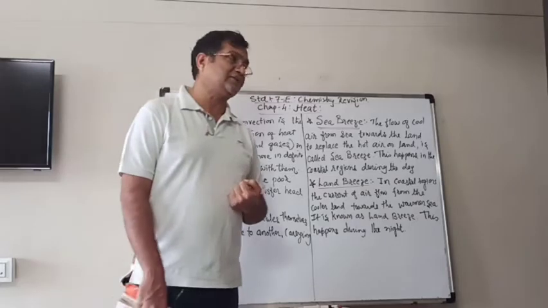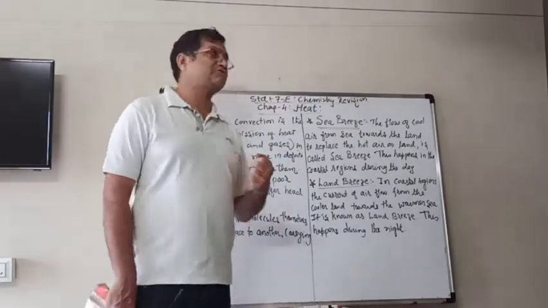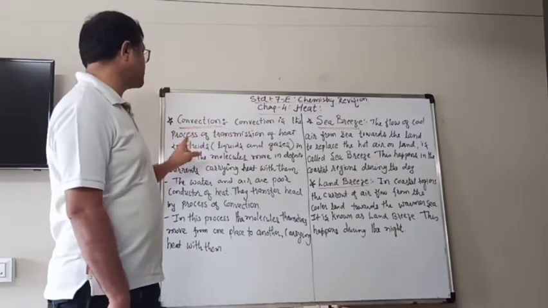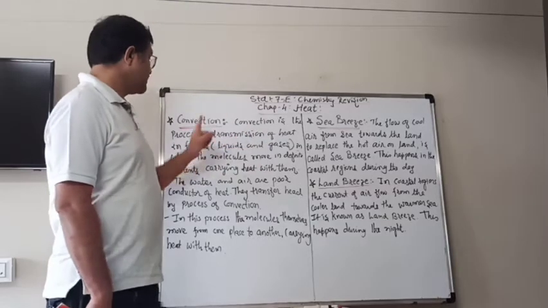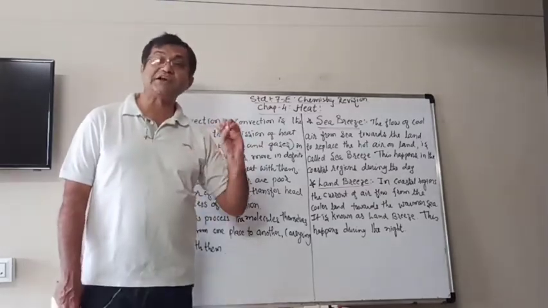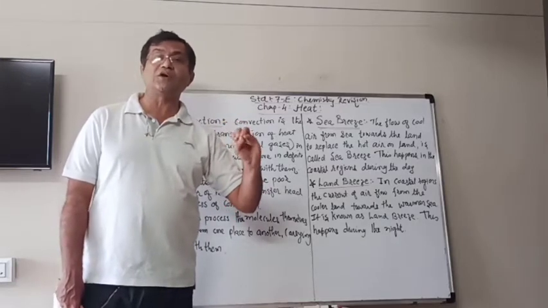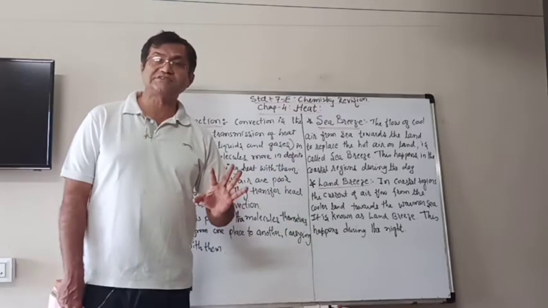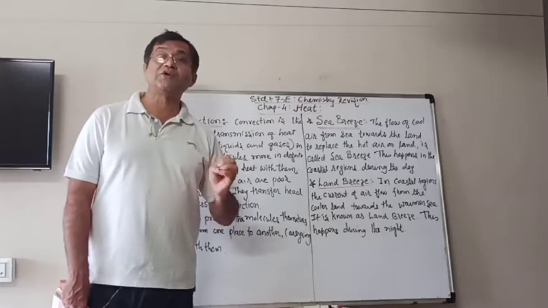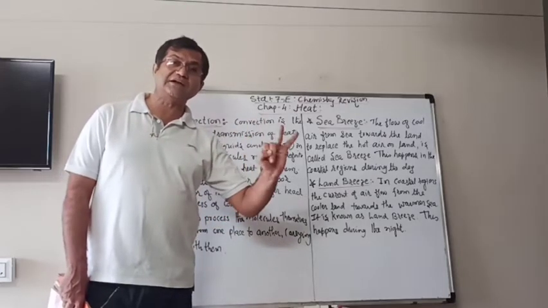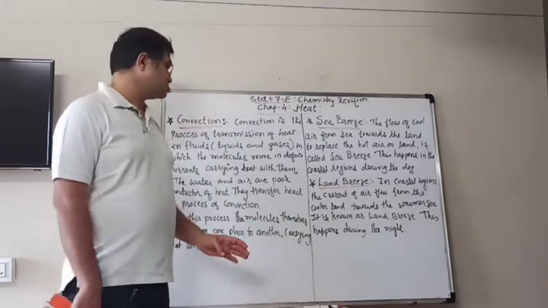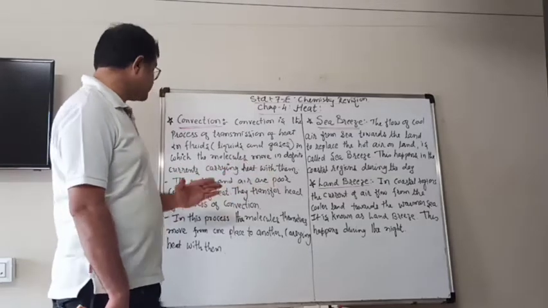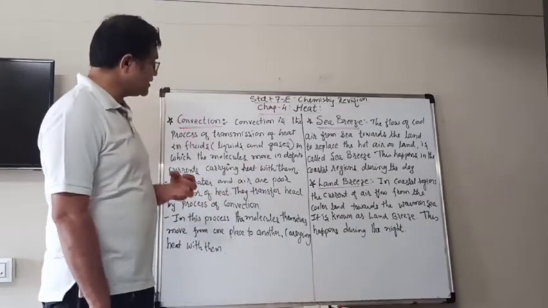So look at what we are going to learn. Convection is the process of transmission of heat in fluids. Fluids means liquids and gases; they are known as fluids because they can flow. Solids cannot flow, so they are known as rigids.